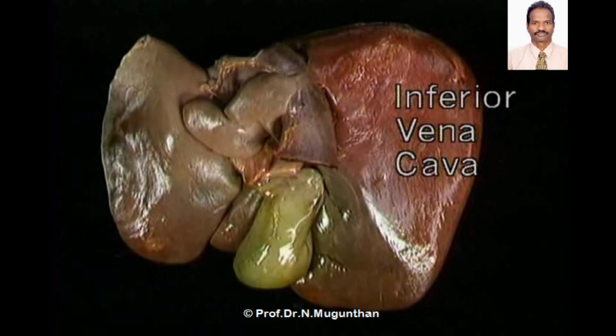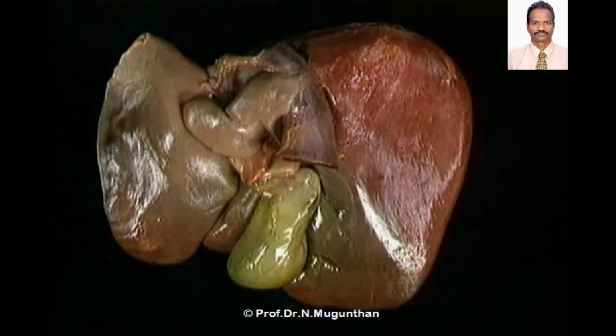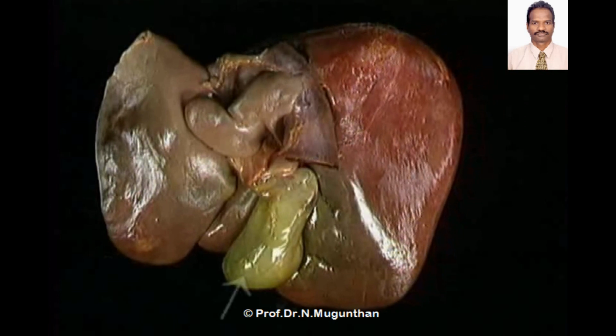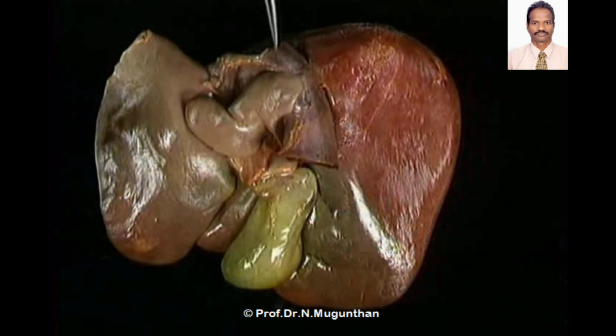We are indicating the structures related to the visceral surface of the liver, say the IVC. The IVC receiving the hepatic veins opening, and that's the gallbladder.